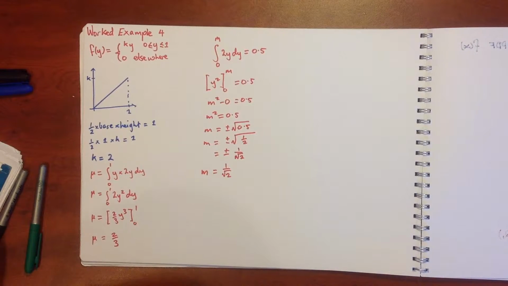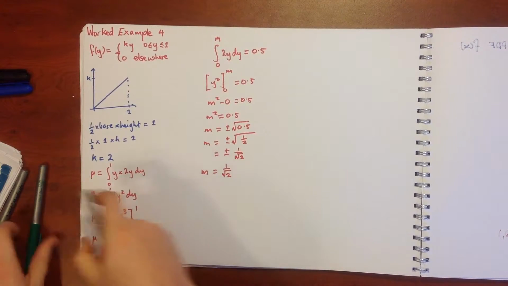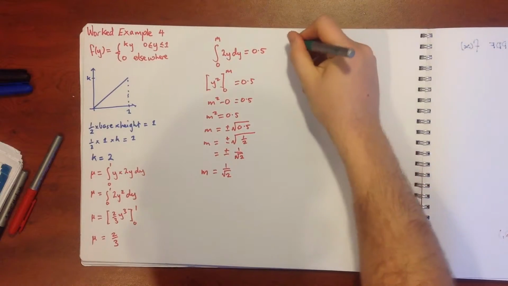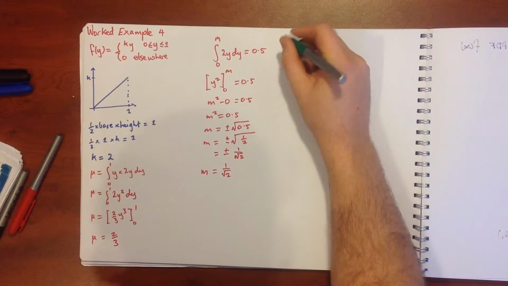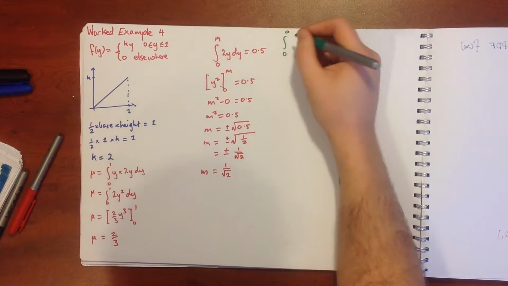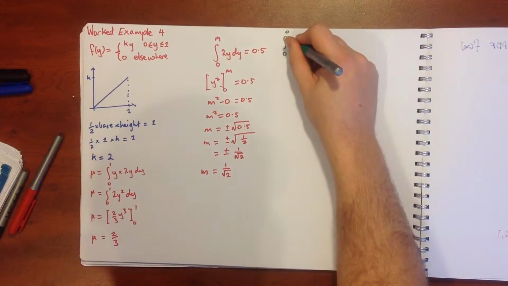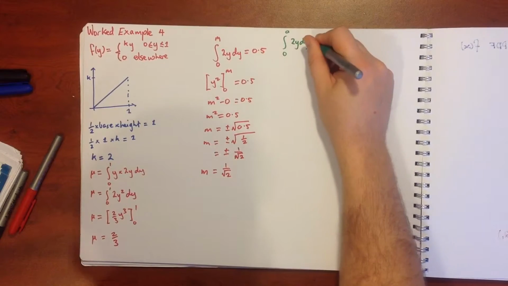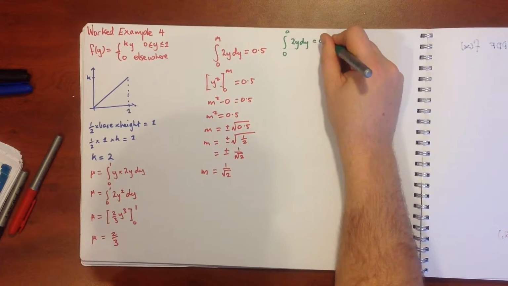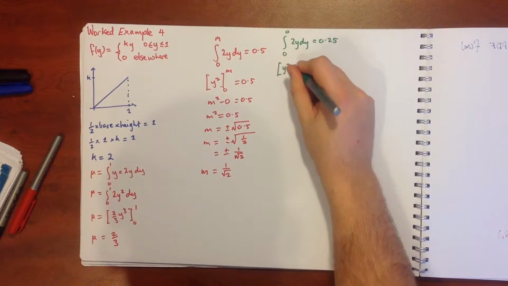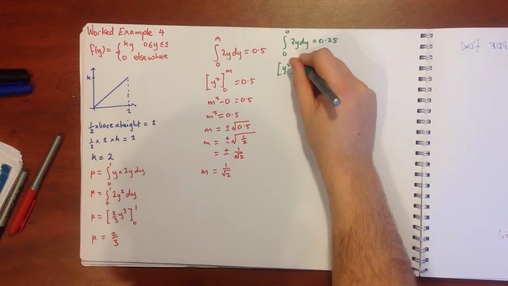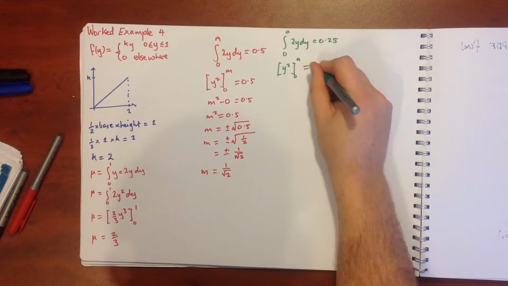And part D is find the interquartile range. What we need to do for this one is integrate from 0 to a. So we're going to do our lower quartile, the integral of 2y dy, equal to 0.25. That means we're going to get y squared from 0 to a equals 0.25.